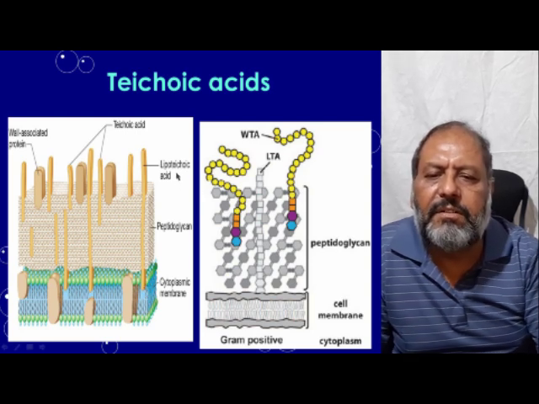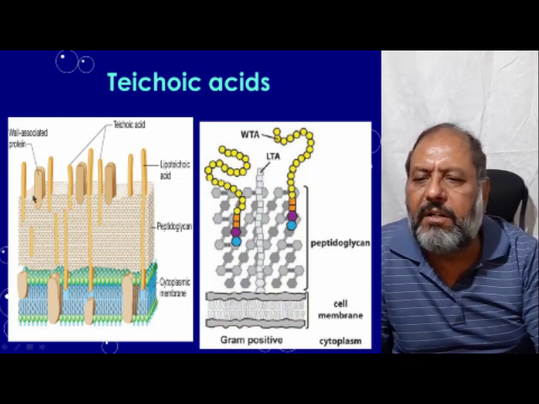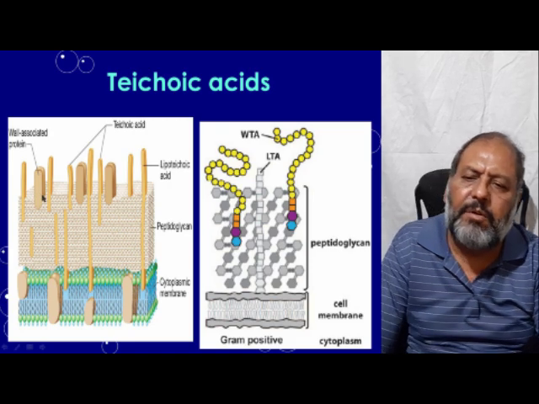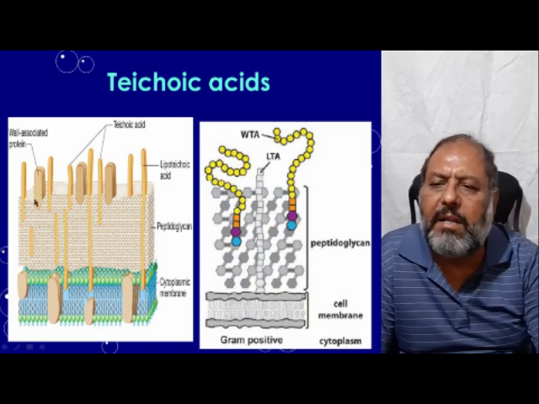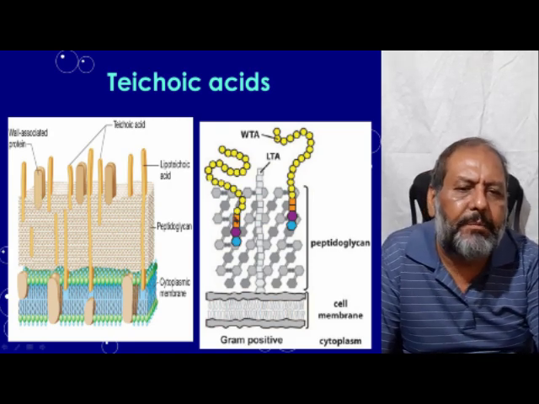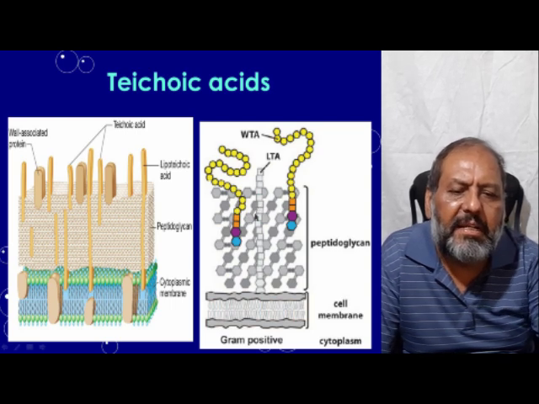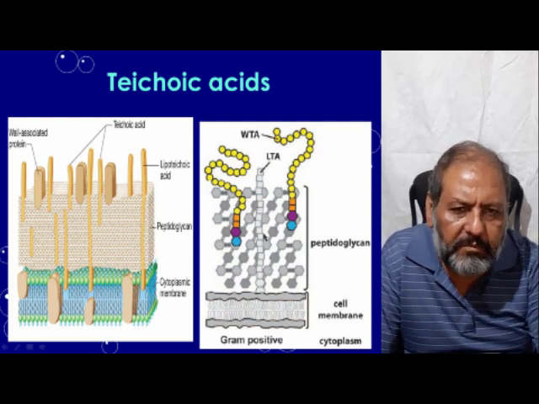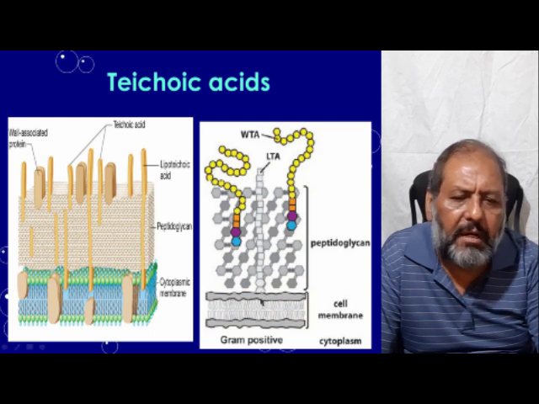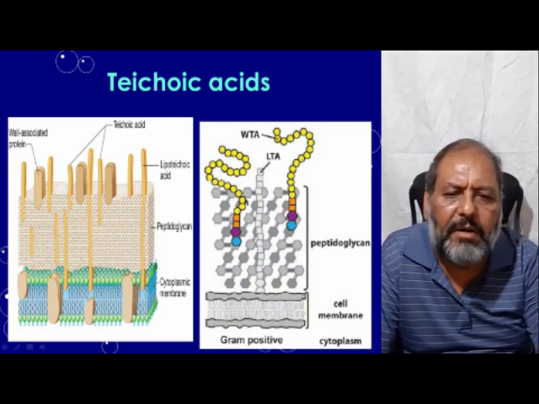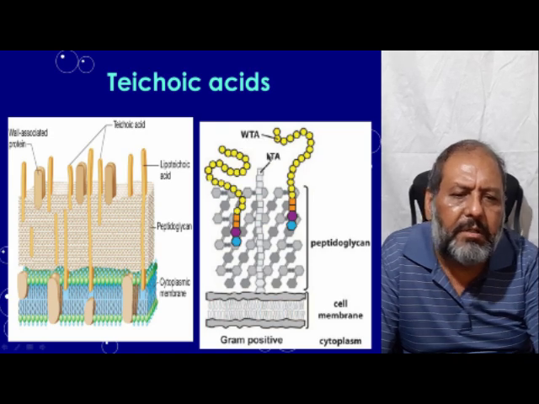For that reason, these are called lipoteichoic acid, and those which take origin from the wall are called wall-associated proteins. Here again, one can see that lipoteichoic acid takes origin from the cytoplasmic membrane, and those taken from the wall are the wall teichoic acid.